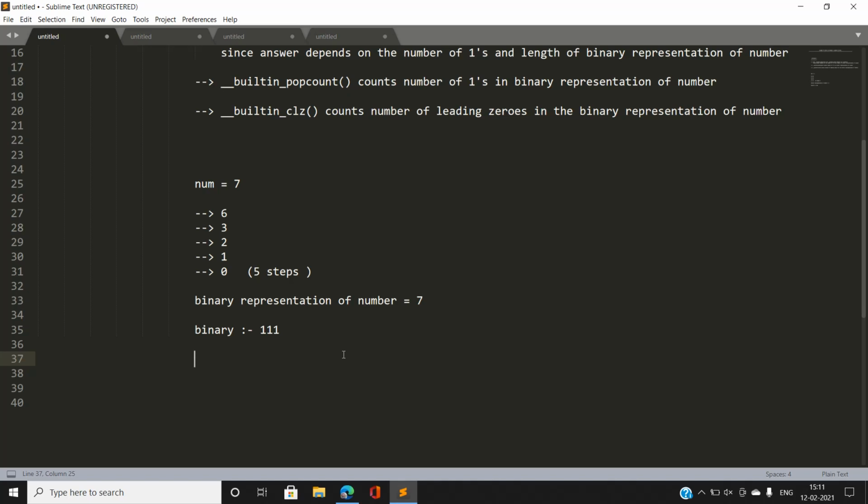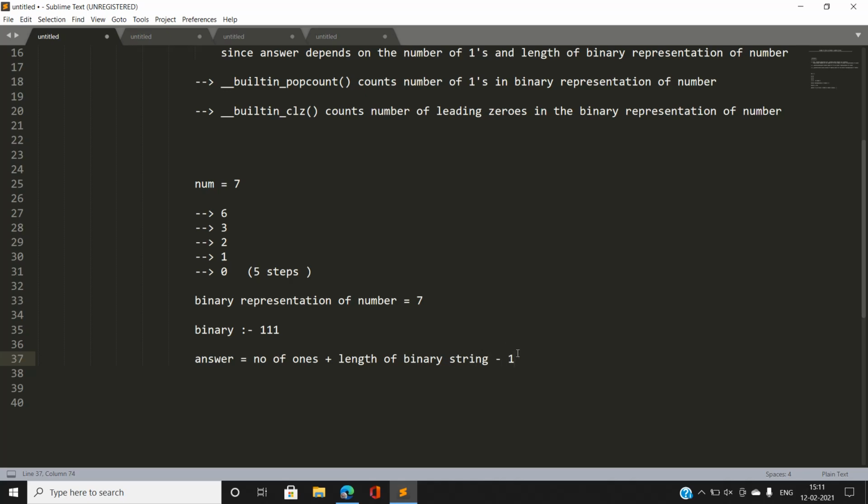Our observation is how our answer 5 can be obtained using the binary representation of the number 7. If we look at the binary representation, our answer would be the number of ones plus the length of the binary string minus 1.